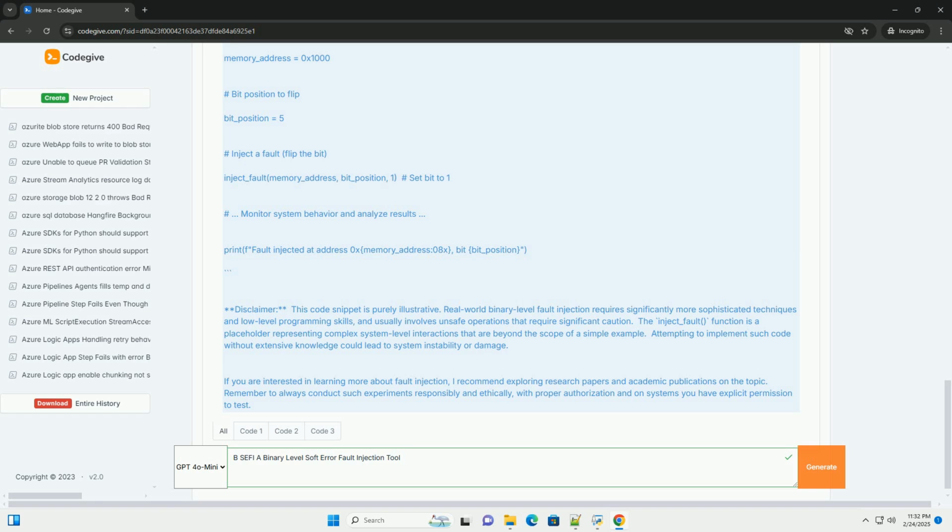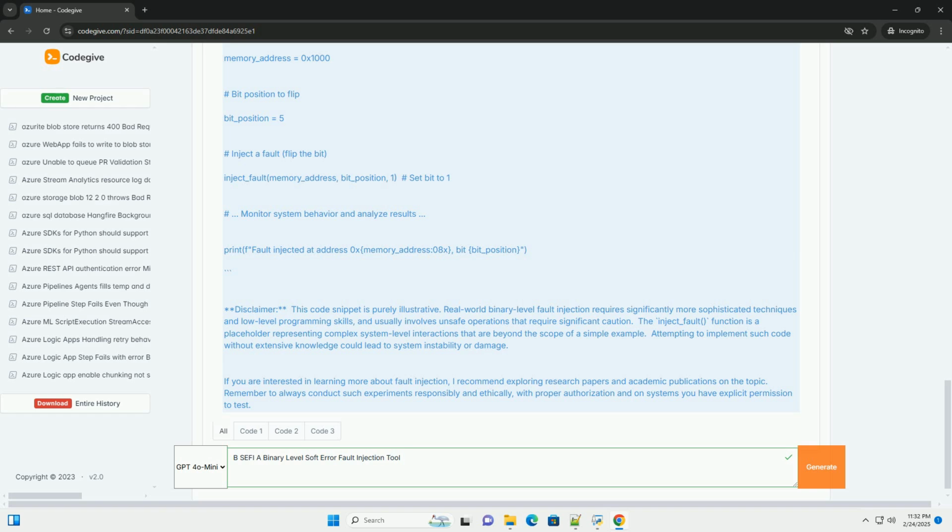General steps involved in binary level SEFI. 1. Target selection, identify the system or component to be tested. This might be a specific piece of software, a hardware component, or an entire system. 2. Access method, determine how to gain low-level access to the target's memory and registers.